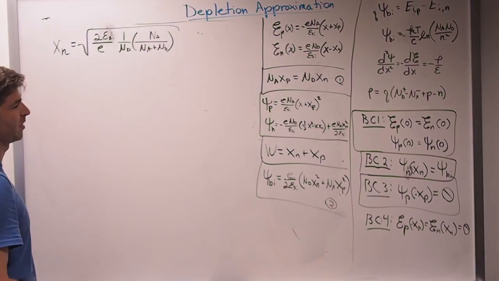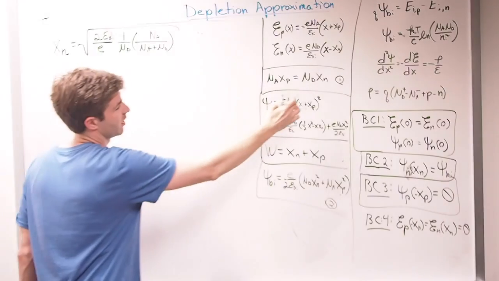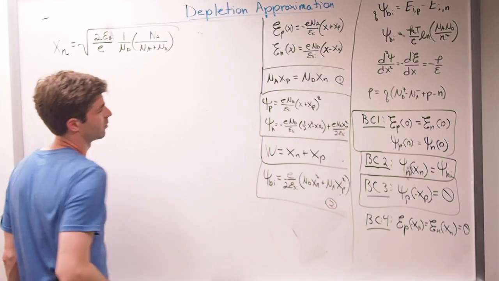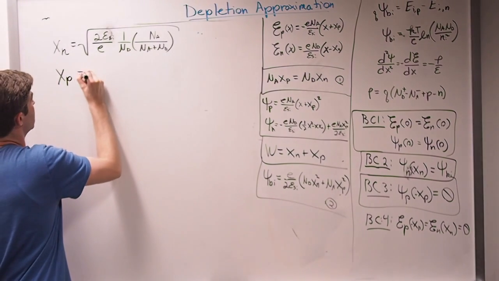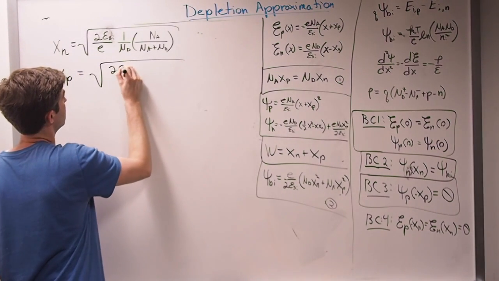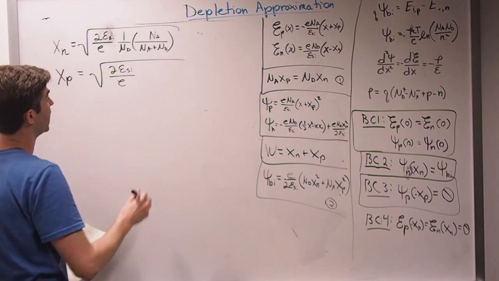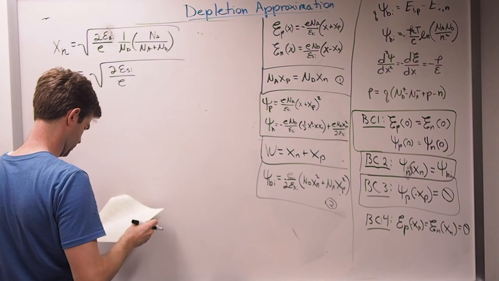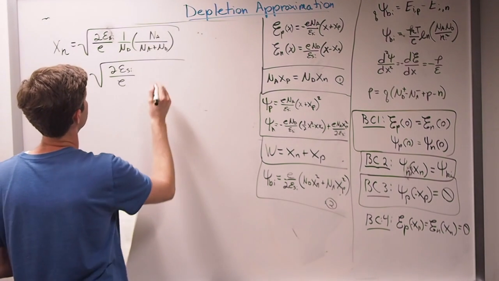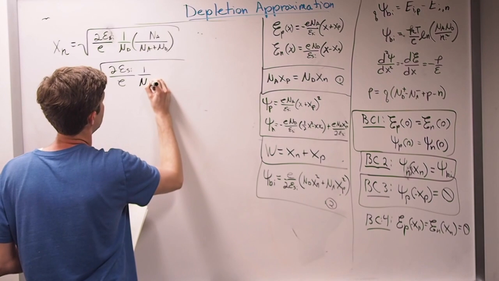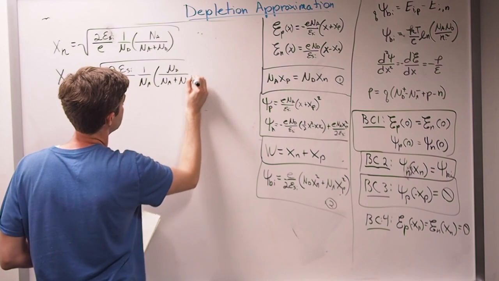Skipping ahead, you guys know how to do algebra up here at this point. If I use this same condition, equation 1, and I solve for x_p, I'm going to get x_p is equal to 2ε_Si over e, and that's going to be 1 over N_A and N_D over N_A plus N_D, like that.